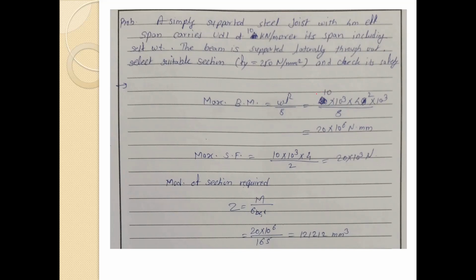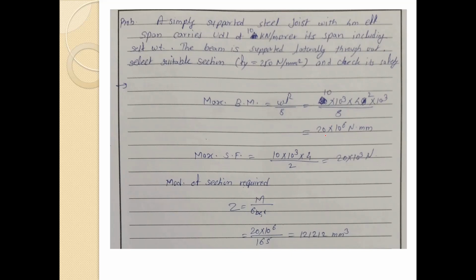So the load we have is 10 kilonewton per meter, that is including self weight. So 10 into 10 raised to 3, that is Newton, and into this 4 square, that is the span, this 4-meter span, into 10 raised to 3, as we are converting into mm, divided by 8.